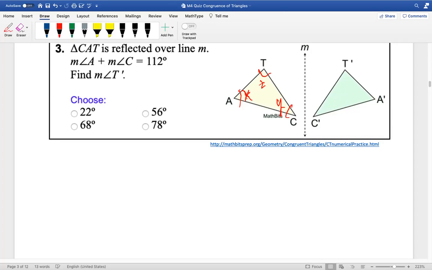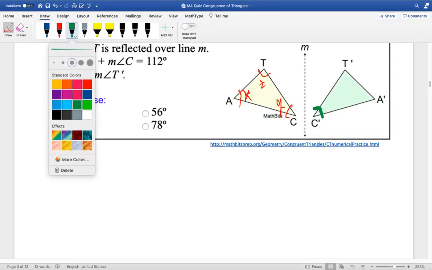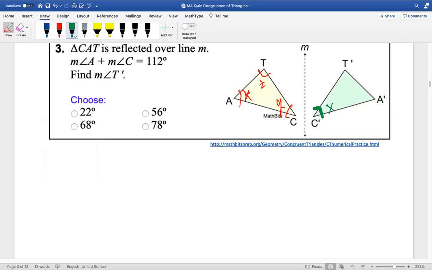The corresponding part of C is C prime, and the corresponding part of A is A prime. So this is our X, and C is our Y. Let me correct that.